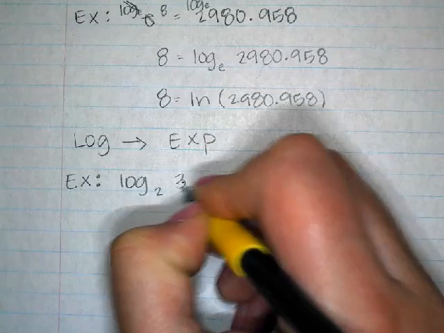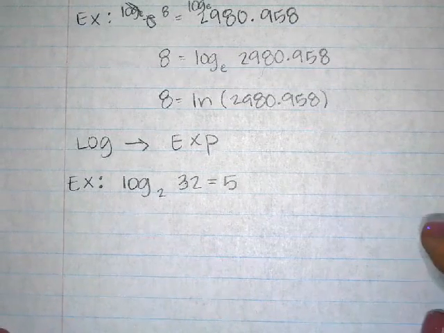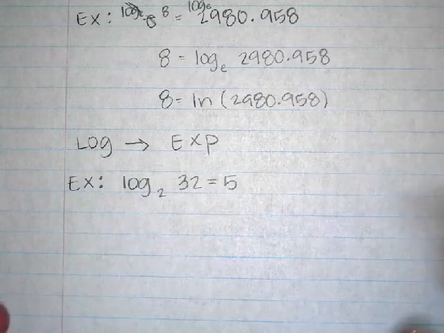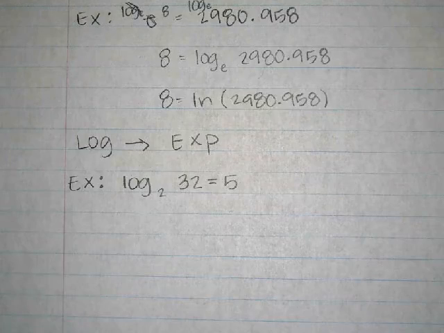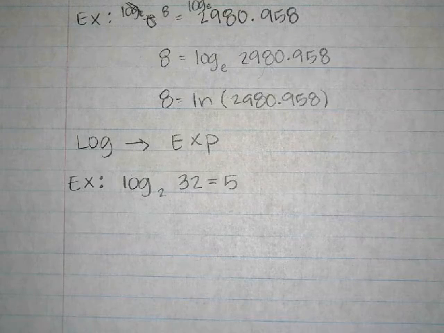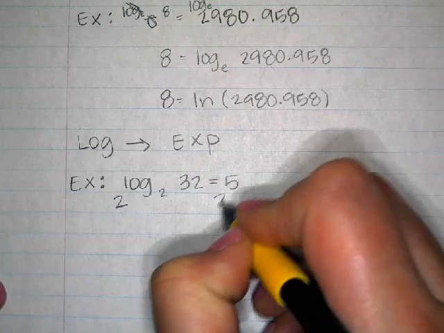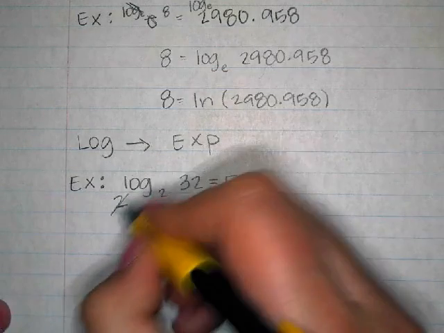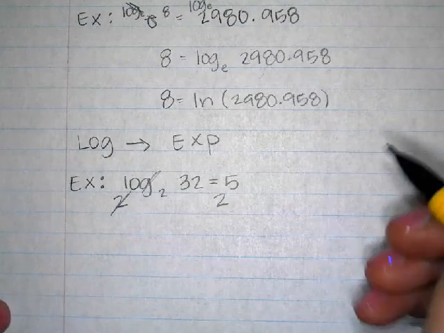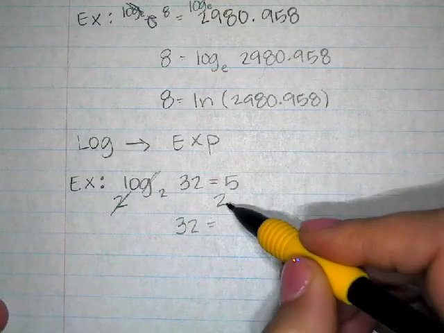And we're going to turn it into exponential form. So what base should we have in the exponential equation? 2. So I'm going to put a base of 2 on each side. The 2 and the log base 2 are going to cancel, and I just get 32. And then this is going to be 2 to the 5th power. Is it true that 32 equals 2 to the 5th power? That is true.